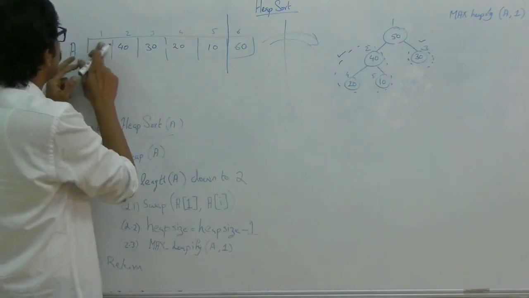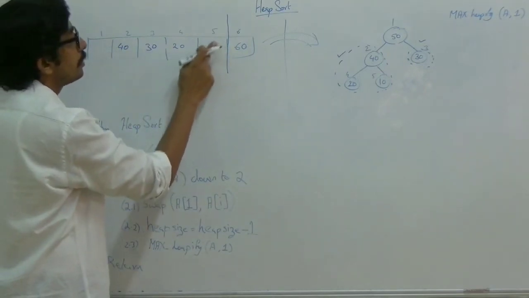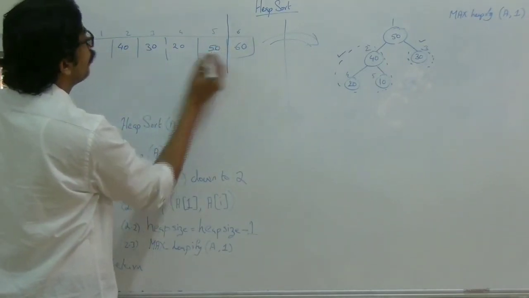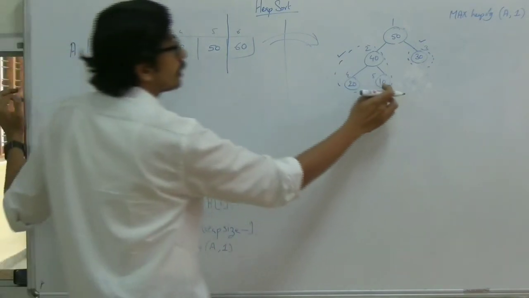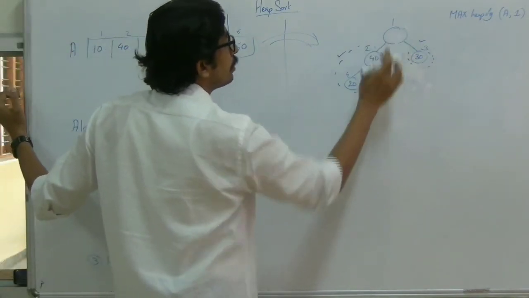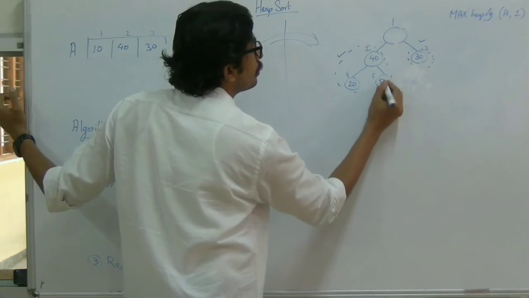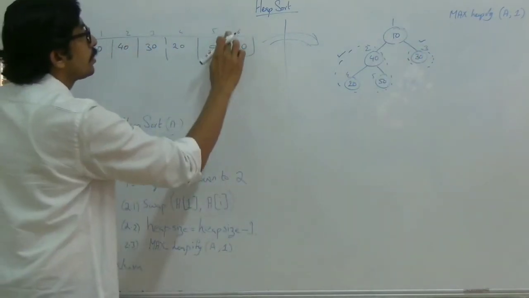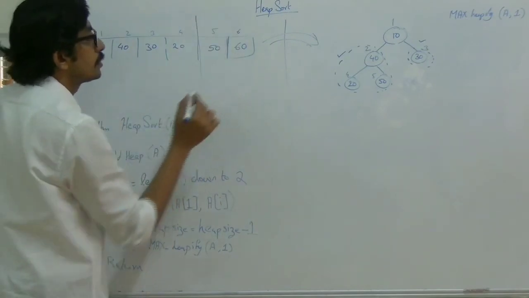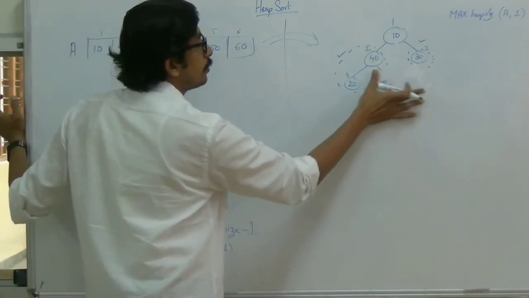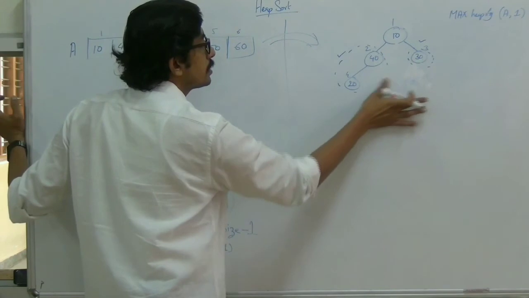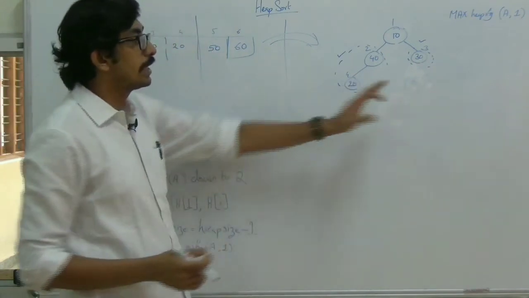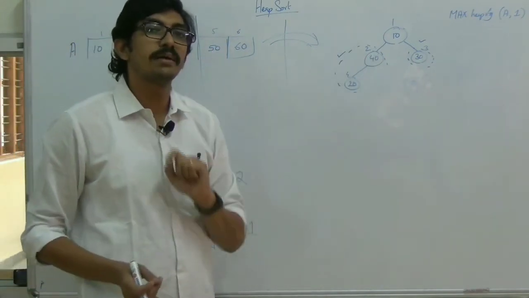So 50 can be swapped with position 5, the last node is swapped with your root node. Now the second node is also sorted, which means in your virtual tree this is no more needed, so heap size will be again reduced by 1.